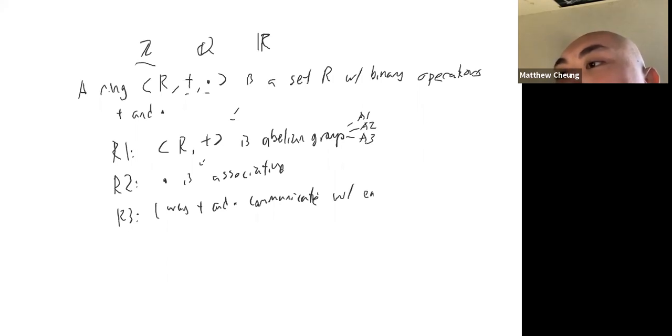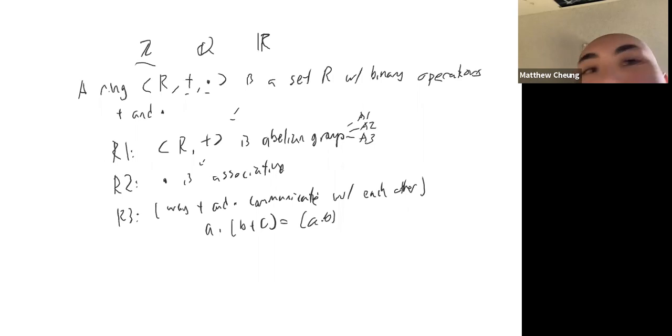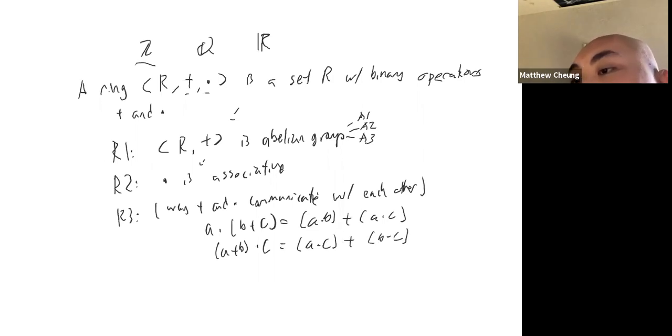It's through the distributive property: A times (B plus C) is A times B plus A times C. And then (A plus B) times C is A times C plus B times C. And no, I'm not changing the order; I'm not writing C times A for the second one.